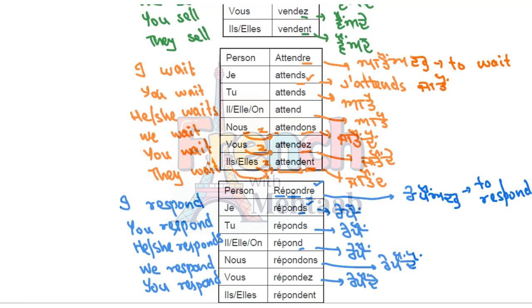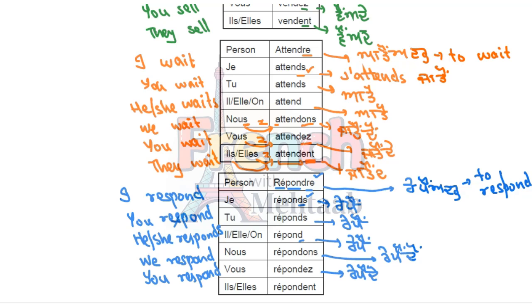And now for the last one, if you want to say that they respond, we would say ils répondent, elles répondent. As we would remove RE from the end, we would add ENT here, but we would not pronounce this ENT. Okay, so this is the répondre verb.